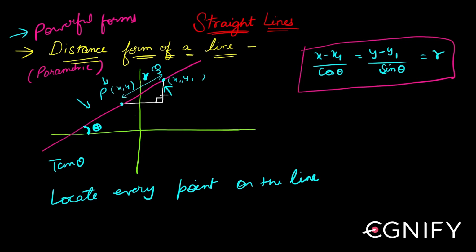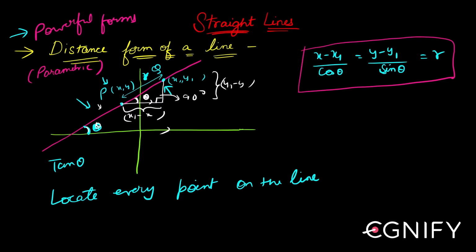This is your 90 degree. Now, this angle will be equal to theta, right? Because this and this are parallel, and this pink line is a transversal, so this will be theta. This is also theta. What is this? This is your x1 minus x, right? And what is this one? This is your y1 minus y.